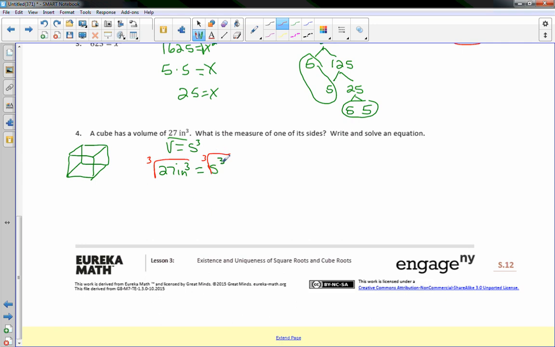So the 3 and the cube root cancel, and I'm left with s. And the cube root of 27 is 3. 3 times 3 is 9, times 3 is 27. So this has a length of 3 by 3 by 3. And inches cubed, cube root is just simply inches. So what is the measure of one side? The measure of one side is 3 inches.